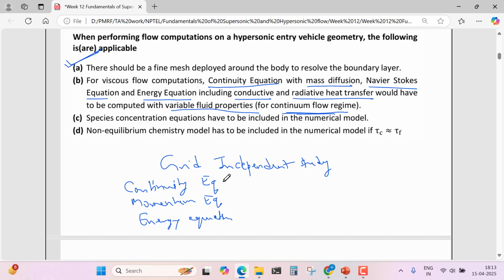In the continuity equation, we also include the term for mass diffusion, because mass diffusion happens when there is a change in concentration. And in the energy equation, we include both conductive and radiative heat transfer.